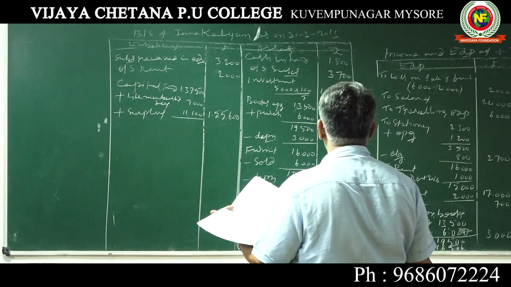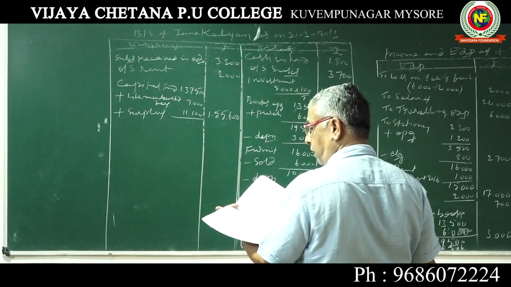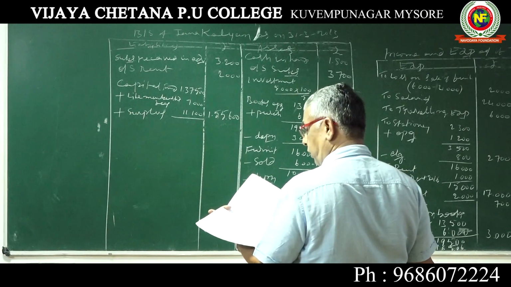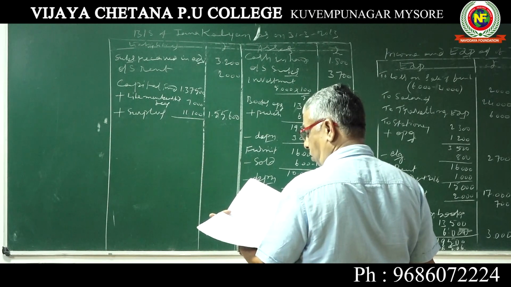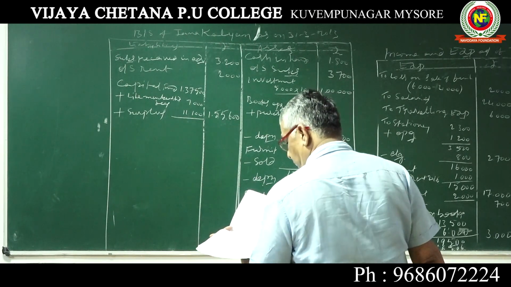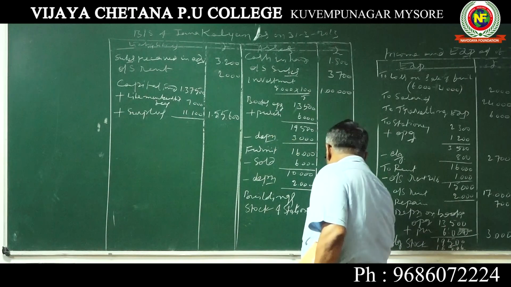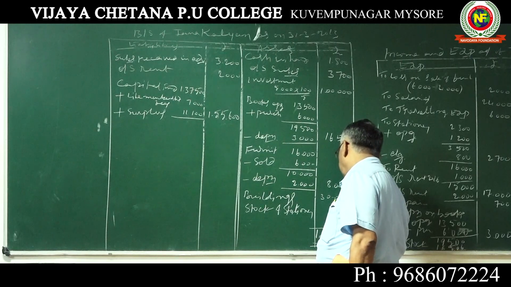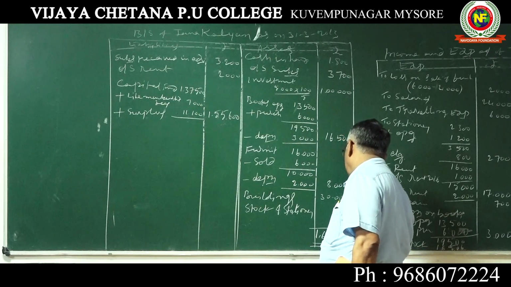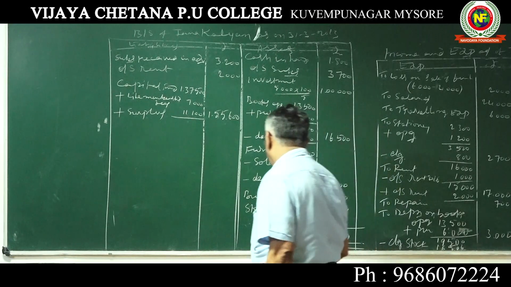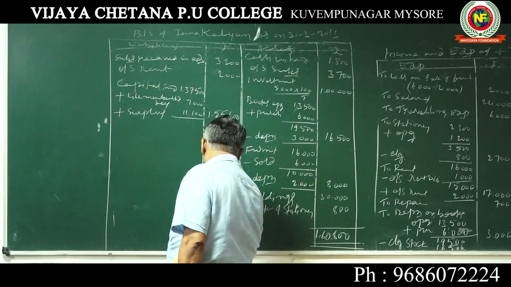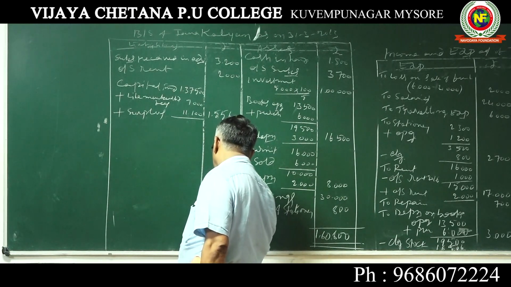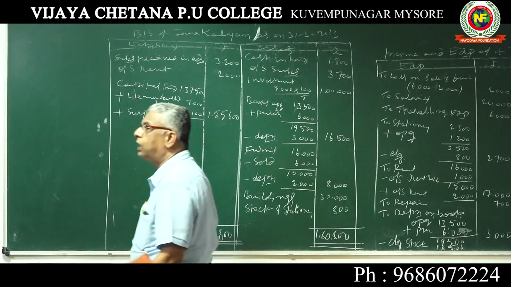On the asset side: 1,800, 3,700, 1 lakh is the investment, books 16,500, furniture 8,000, building 30,000, stock of stationery 800. The total comes to 1,60,800. This is the balance sheet total.